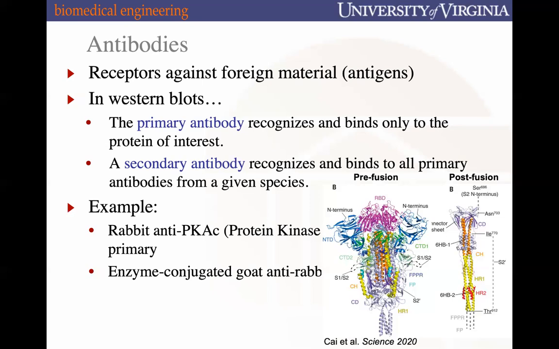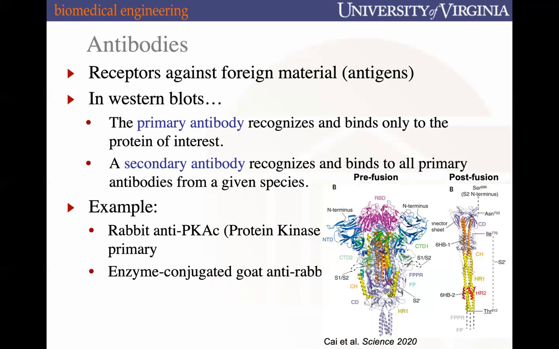So what we really want to focus on is the receptor binding domain, because this is the site that binds to our cells, and this is the site that changes from the pre-fusion to post-fusion complex. So, for example, we'd want to raise monoclonal antibodies against this part of the spike protein.